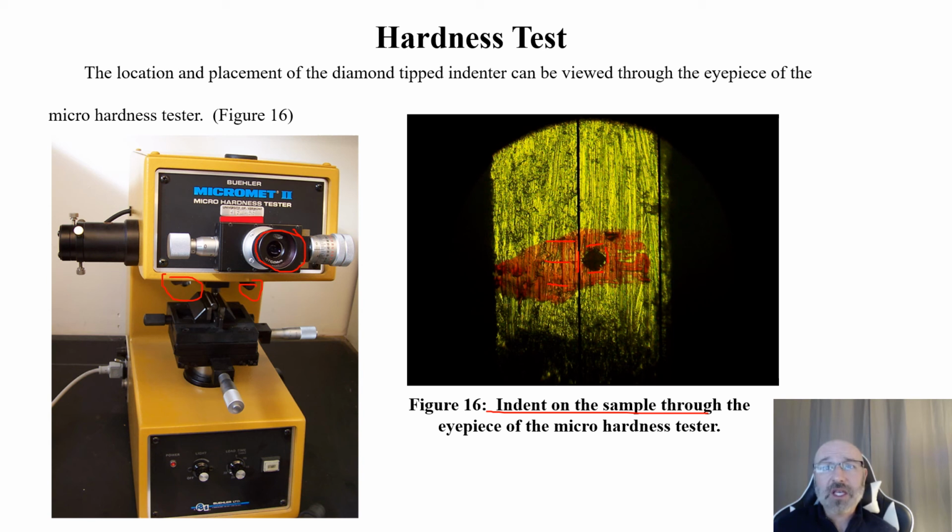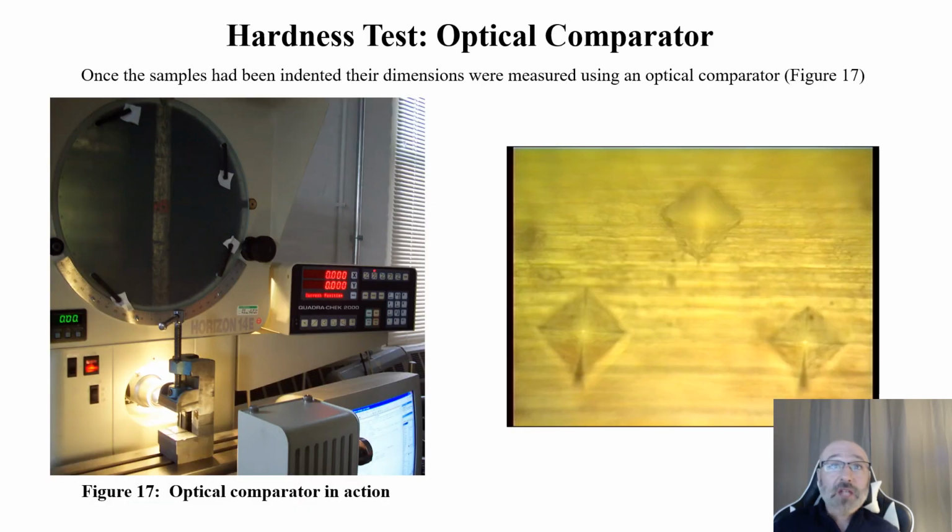Now what we can see here is this is pretty small, especially compared to these crosshairs. So the question is, is there another way to measure it to double check and verify that what we're measuring here is accurate for the actual shape and dimensions of this indent? That's where we can use a machine known as an optical comparator that we had in one of our other labs.